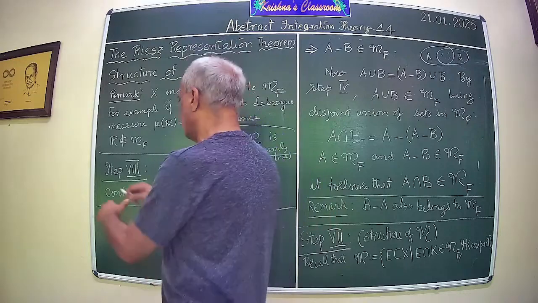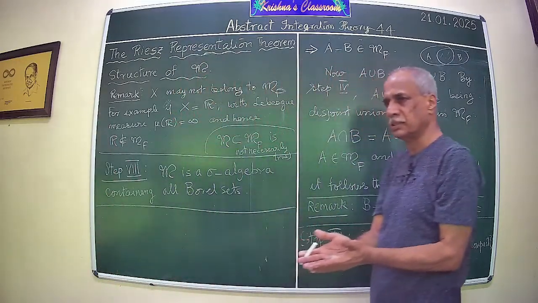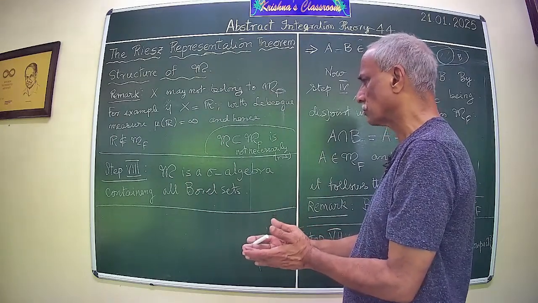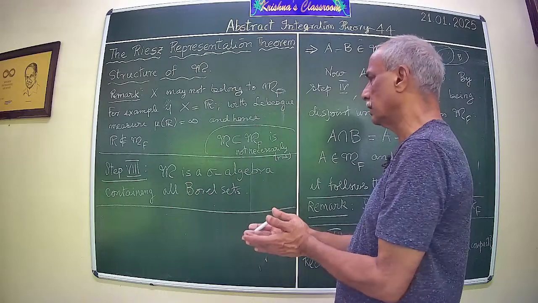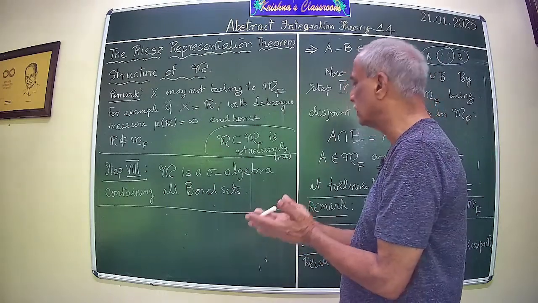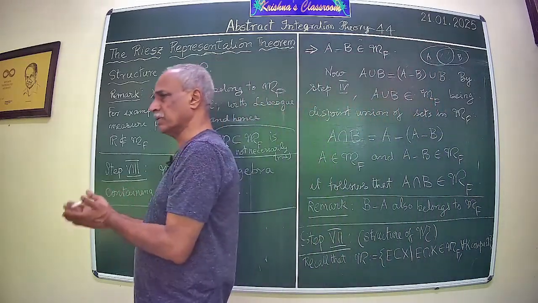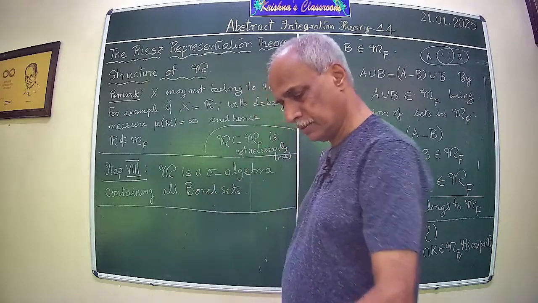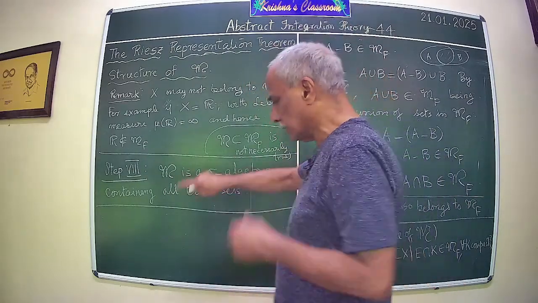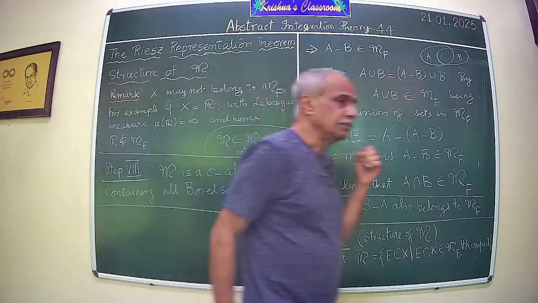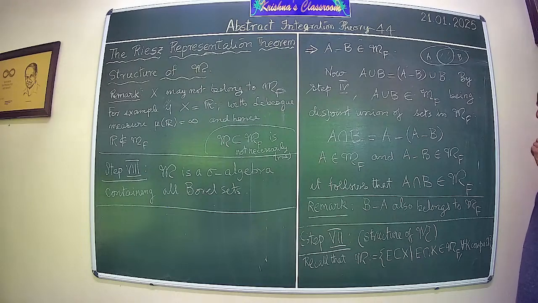So this is a sufficiently huge collection of subsets which has the property that it is a sigma algebra, so that you are comfortable in defining a measure on it. That's a point that we want to make. So this is essentially the sigma algebra that is determined by the non-negative linear functional that we have started with. M is the sigma algebra induced by lambda.